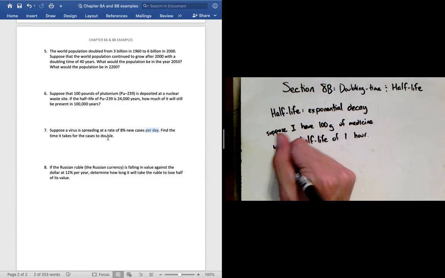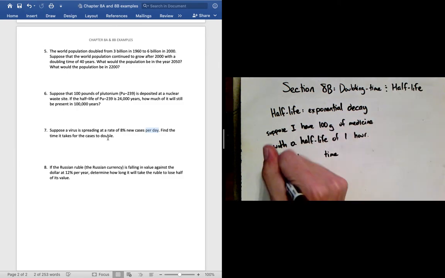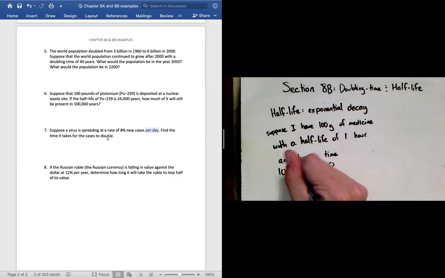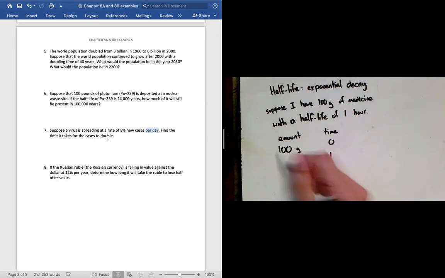So I'm just going to make a quick chart to show you how it's going. Amount and time. In the beginning, we start out with 100 grams at time 0. Then, after 1 hour, I have lost half of the amount, so I'm down to 50 grams.